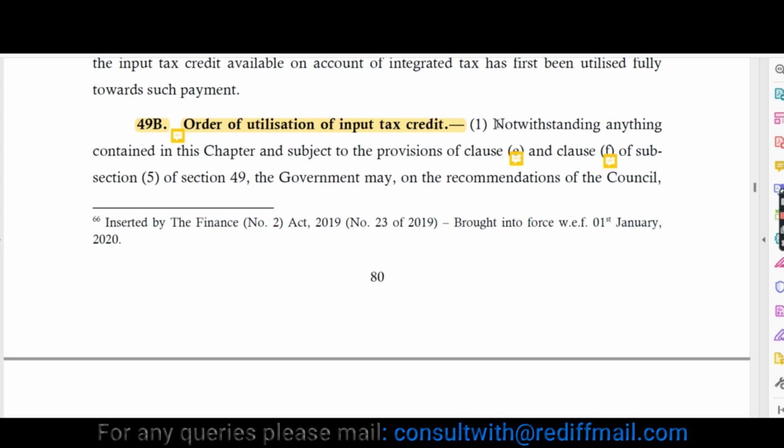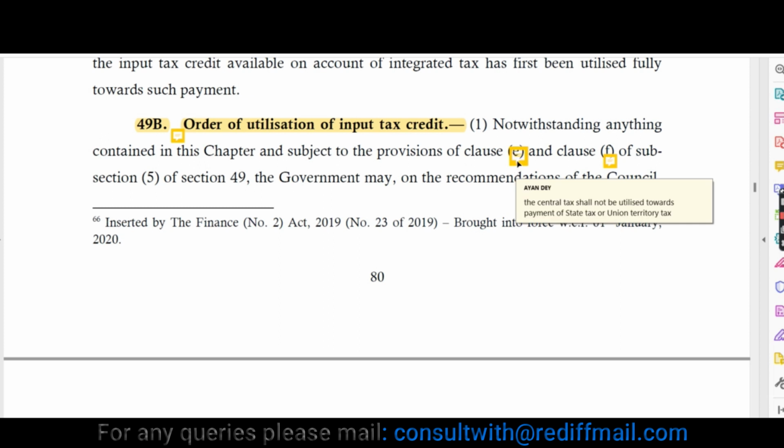But there is a certain provision also: subject to the provisions of clause (e) and clause (f) of sub-section (5) of section 49. This section will not override these two.